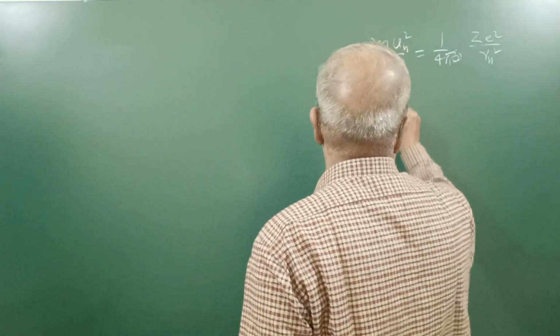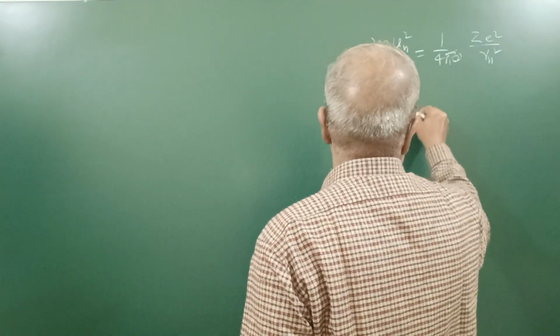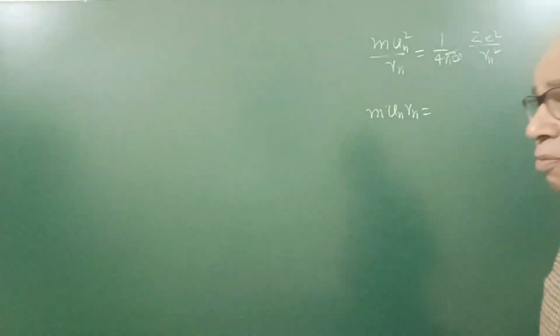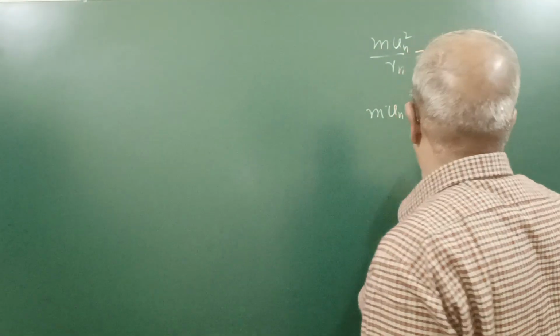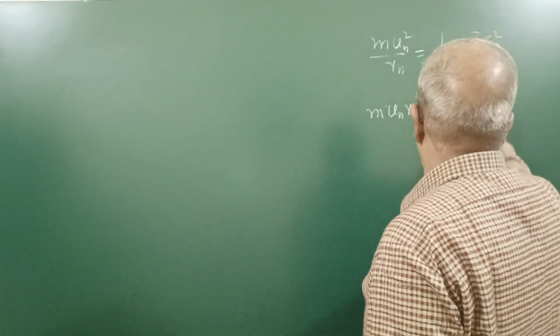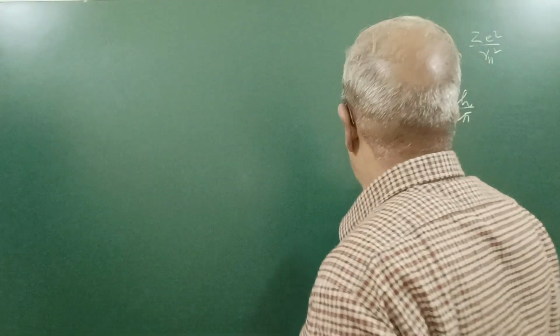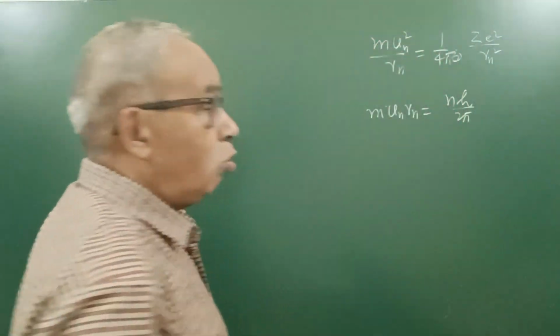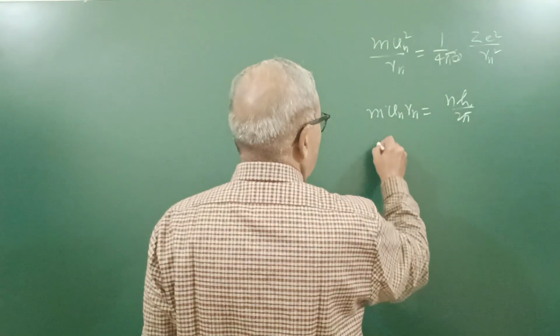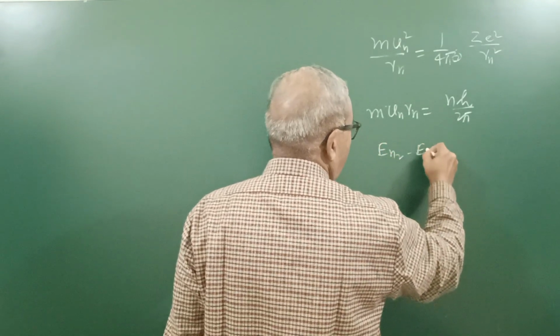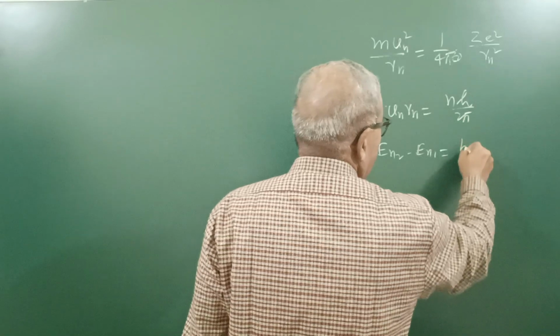First postulate. Second postulate, m v_n r_n. Electron can revolve in that one orbit in which its angular momentum is an integral multiple of h upon 2 pi. Then electron loses energy or gains energy when it goes from higher to lower path. So if electron jumps from n1 to n2, energy is emitted.